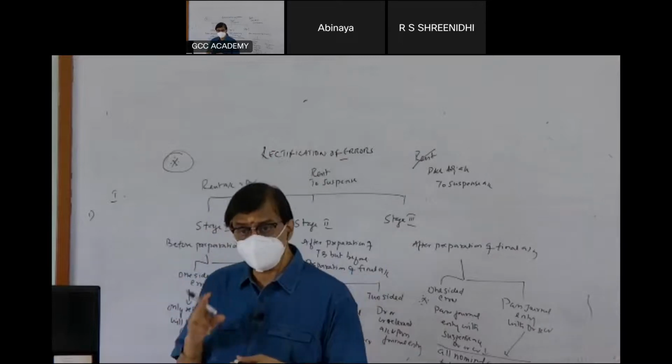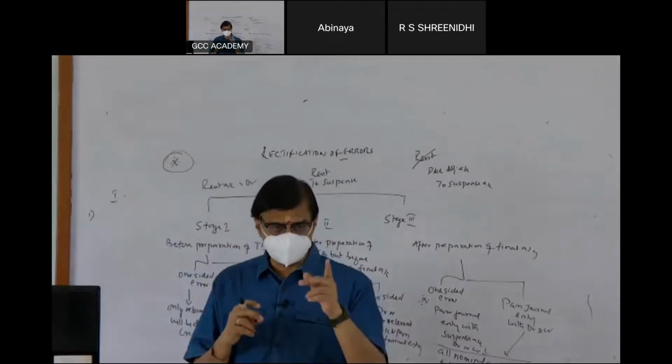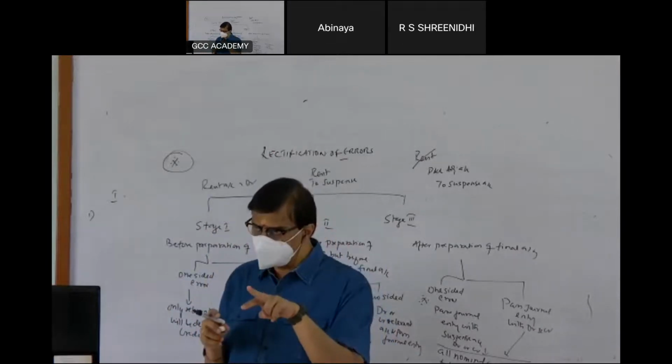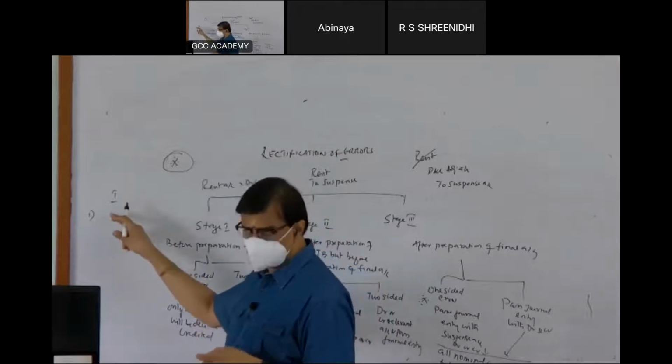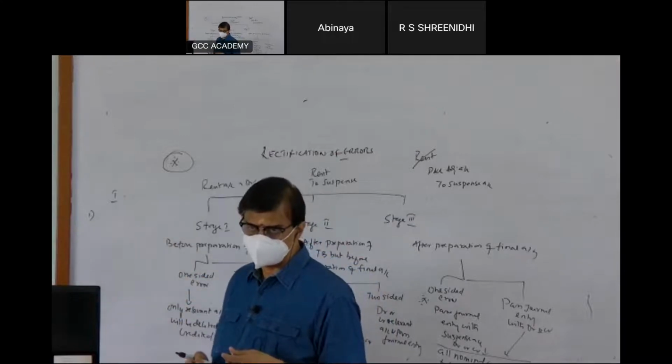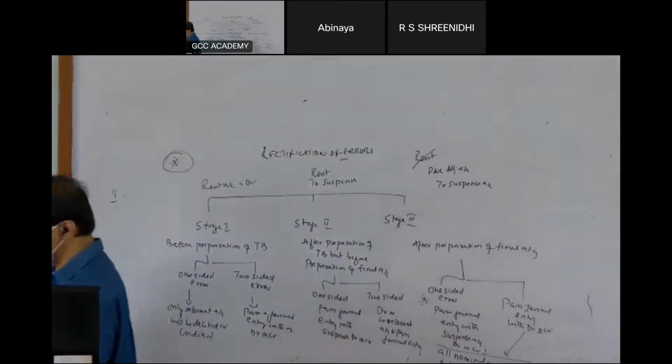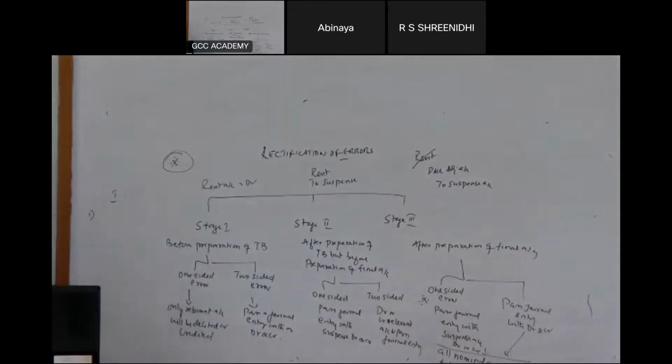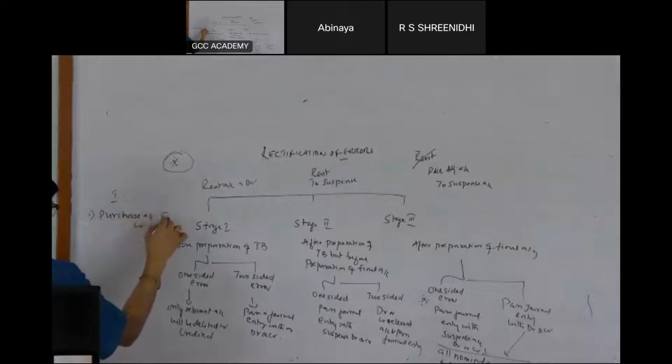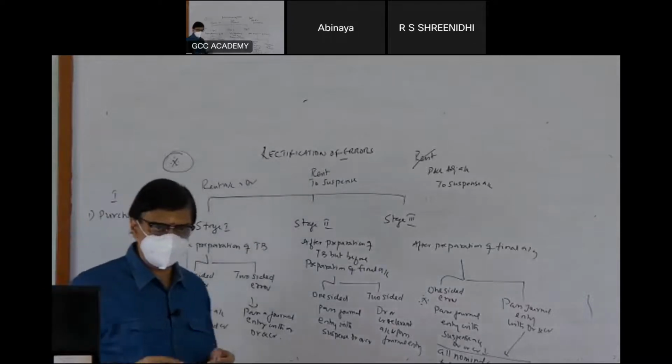First of all, you should identify whether it's a one-sided error or a two-sided error. In stage 1, what will be the entry? Purchase account is overcast, we have put an excess. How do we rectify that? Purchase should be credited. So the purchase account should be credited to the tune of how much? 500. That's it. This is the entry in stage 1.